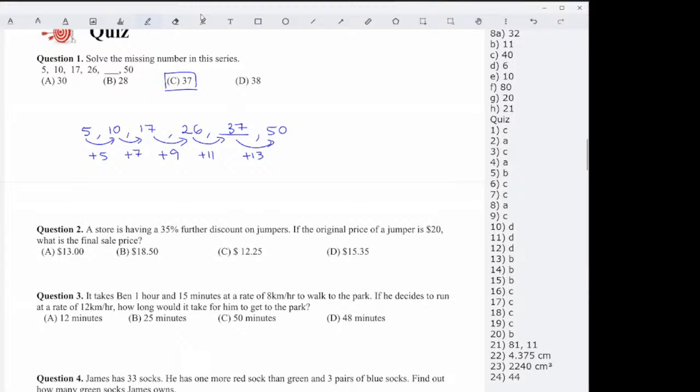Question 2. The store has a 35% further discount on a jumper. The original price of the jumper is $20. What is the final sale price?